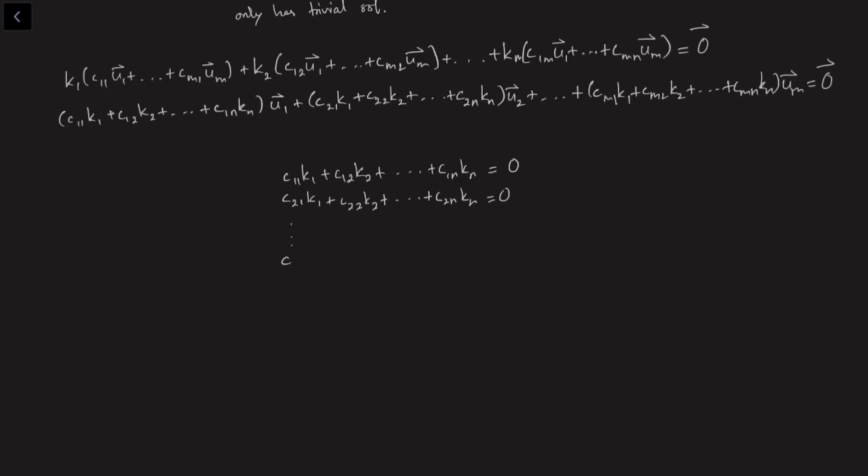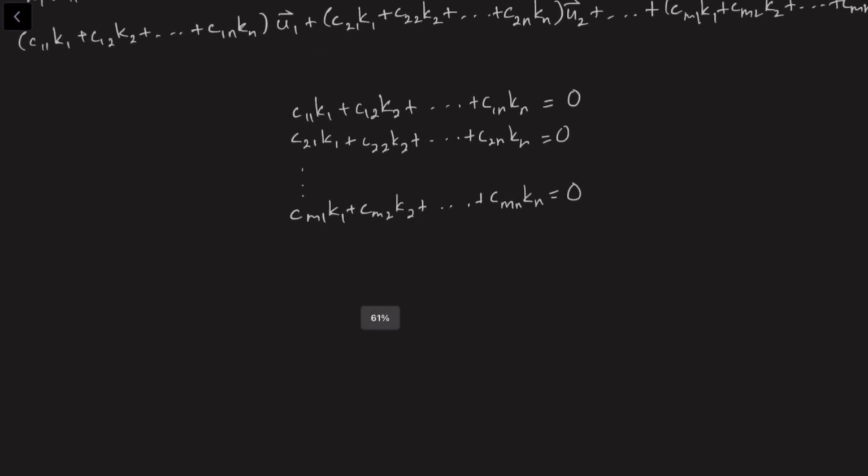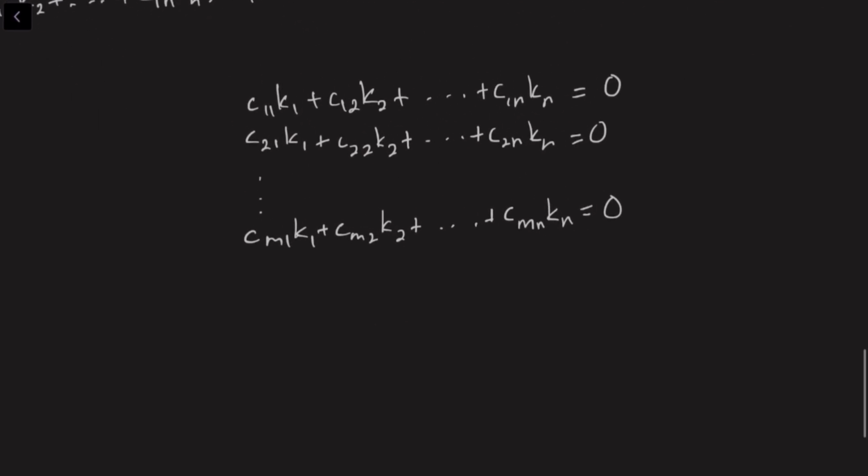And all the way to cm1 k1 plus cm2 k2 plus cmn kn equals 0. This time, for this system of linear equations, how many equations do we have? We have m equations, and we have n variables.